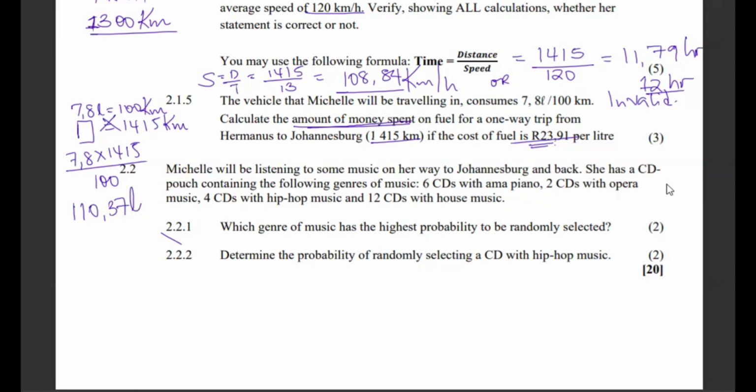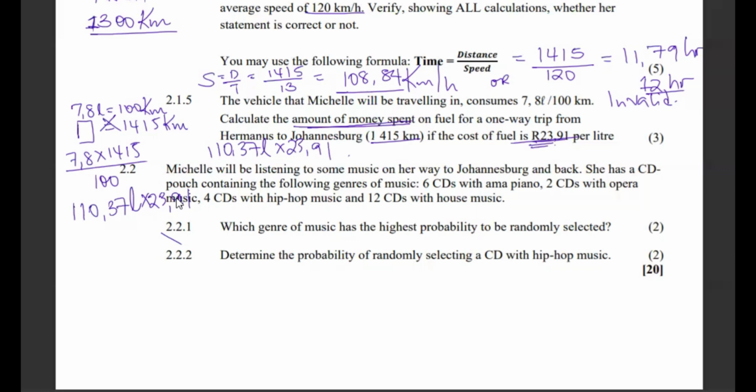You see that? Then we shall multiply with the amount per liter. So we have 110.37 liters. Each is 23.91, not 71, 91.